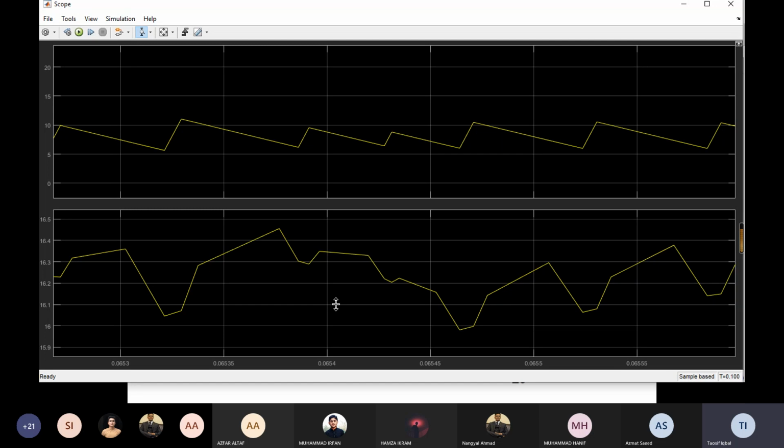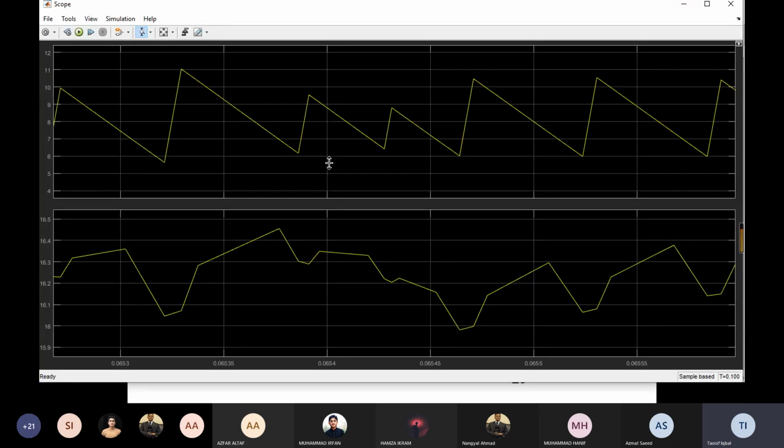That means our controller is working perfectly fine. We are close to the reference parameters for voltage and current. Although the current ripple is a little larger, it's okay because it is also around the desired current, which is 8.1 amperes.